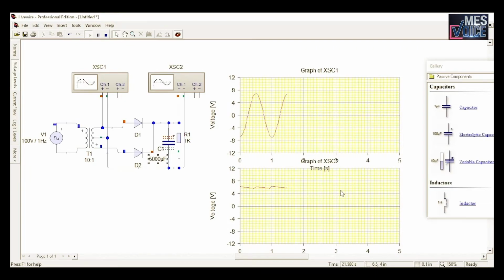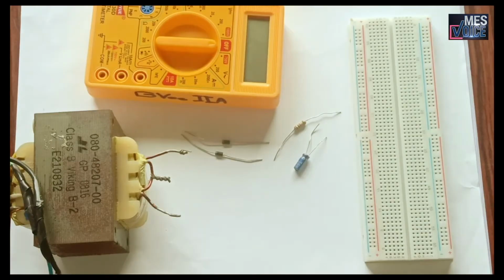Now we are going for the real-time simulation. We are making a circuit of a full wave rectifier with the capacitor filter. Okay, let's connect the circuit on the breadboard. We want a transformer, two 1N4001 diodes and one load resistor, and here the capacitor we are using for the filtering purpose.